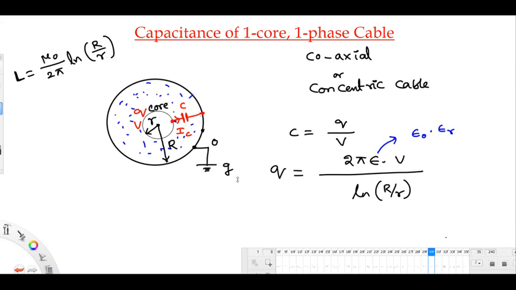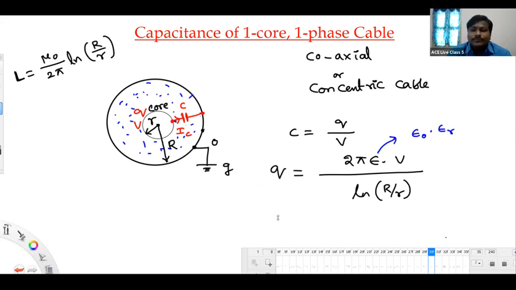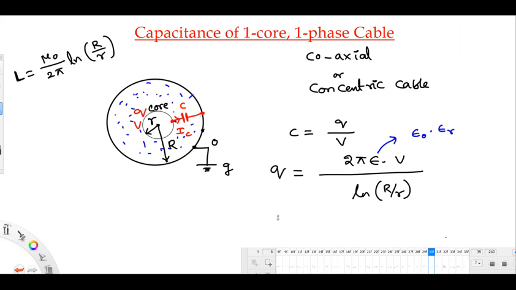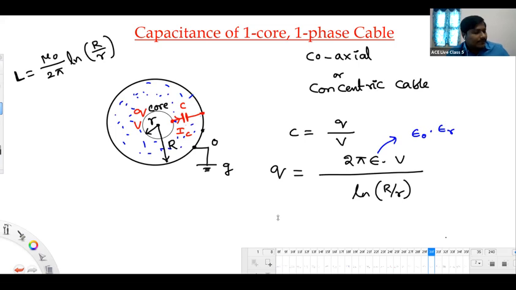My second doubt is in the synchronous condenser. While calculating Q synchronous, the reactive power it delivered, we have the formula P into tan phi 1 minus tan phi 2. Synchronous condenser means we are taking a no load condition.